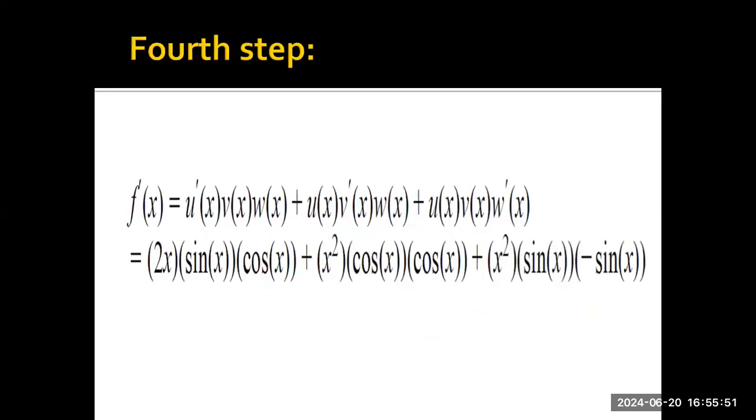This is the fourth step. So using the formula I have presented a while ago, we just have to do the substitution.